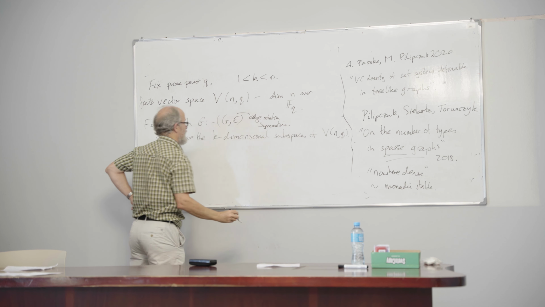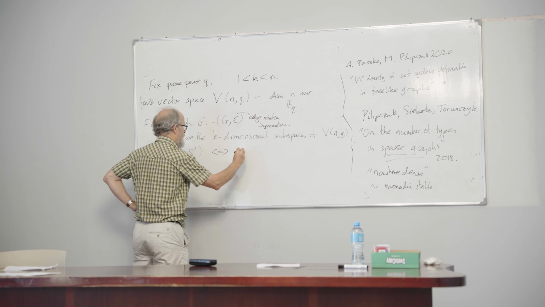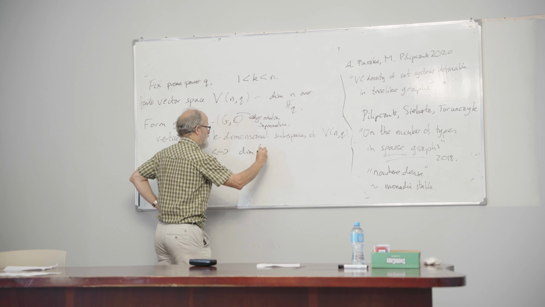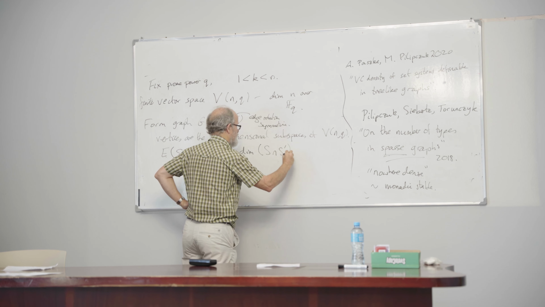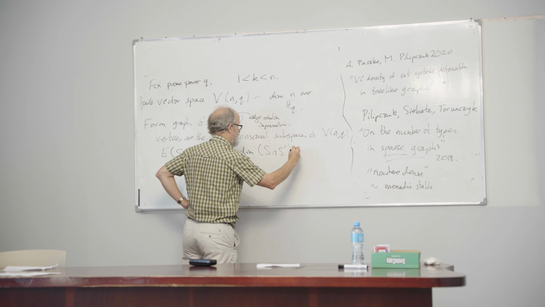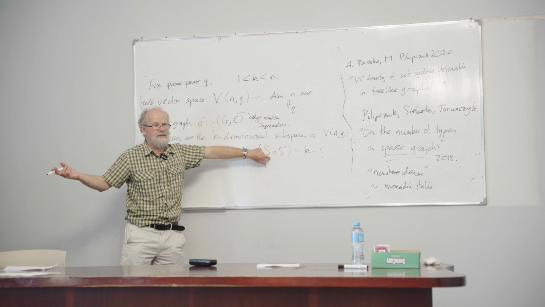And we're going to say that E of S, S dash, so these are both k-dimensional spaces, if and only if the dimension of S intersect S dash equals k minus 1. So if they're equal, the intersection is just S, so it's dimension k.